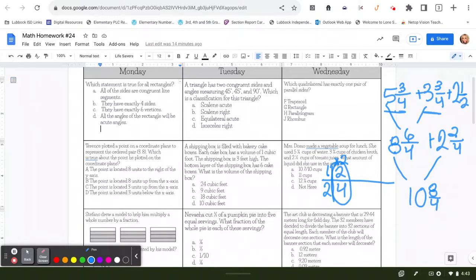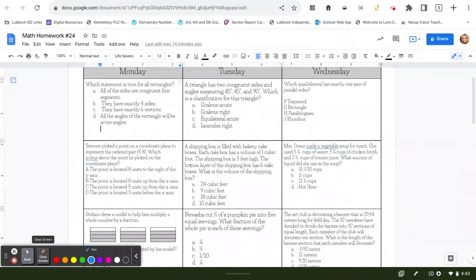So now I need to convert this improper fraction into a whole number or a mixed number. So if I need $4 and the bank has $8, I can get my money 2 times, and I have to add that 2 back to this 10, which gives me 12. That answer is not here.